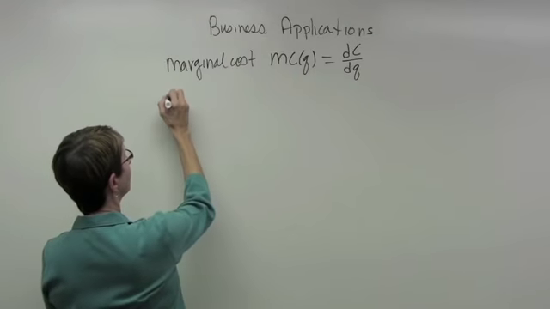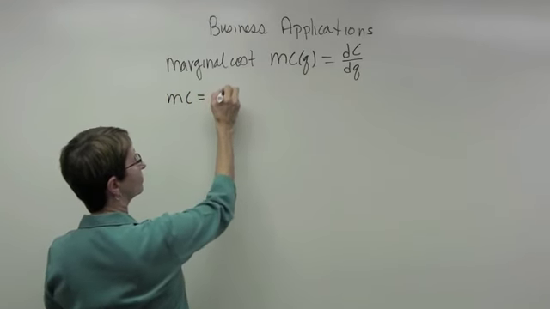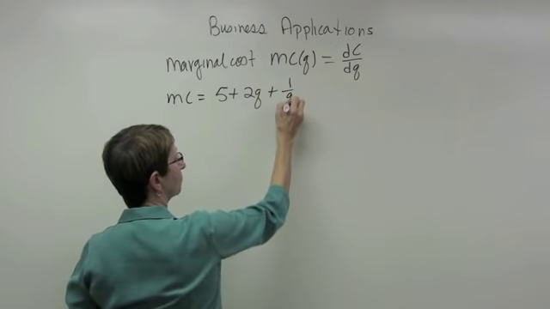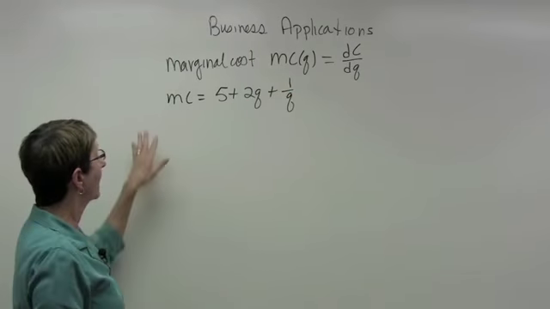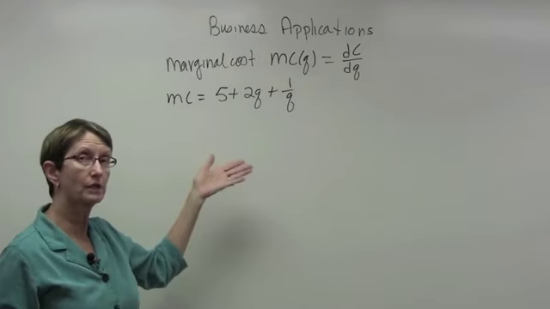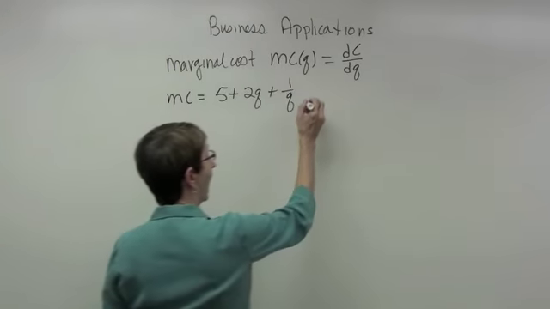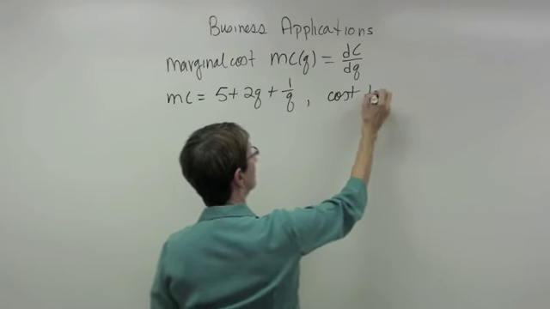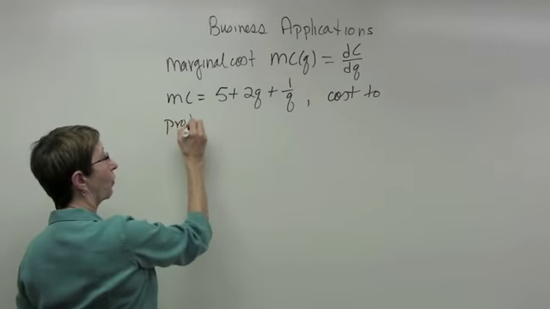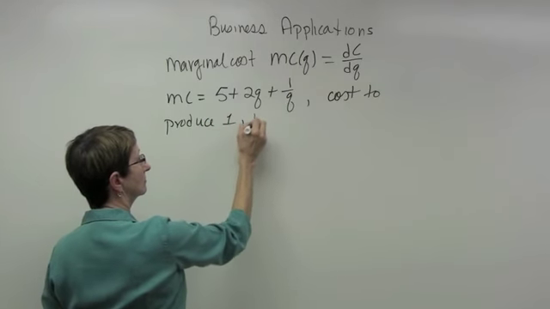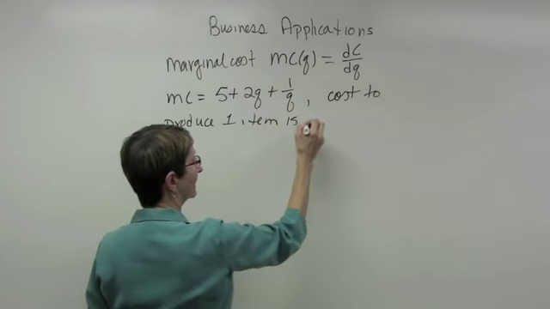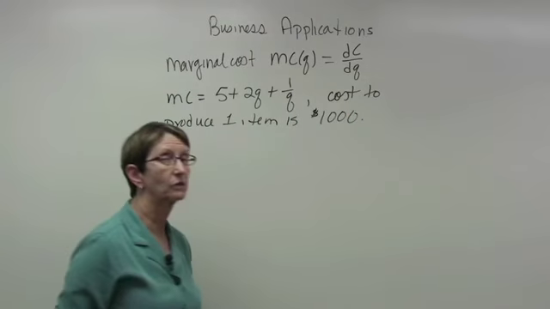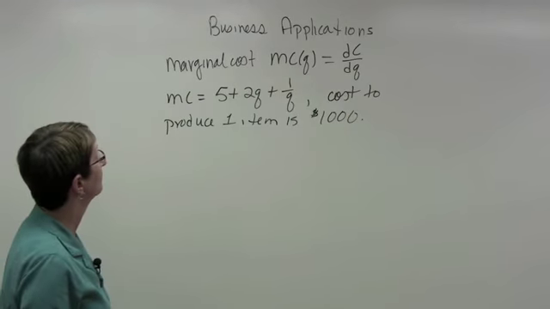So my formula is MC equals 5 plus 2Q plus 1 over Q. And I want to find the original cost function at the point where the cost to produce one item is $1,000. That's a really fancy film.